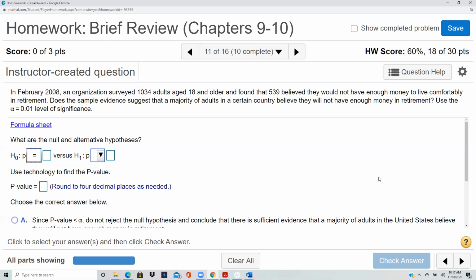That's an English word, but that English word will help you in deciding what number goes in this hypothesis test.